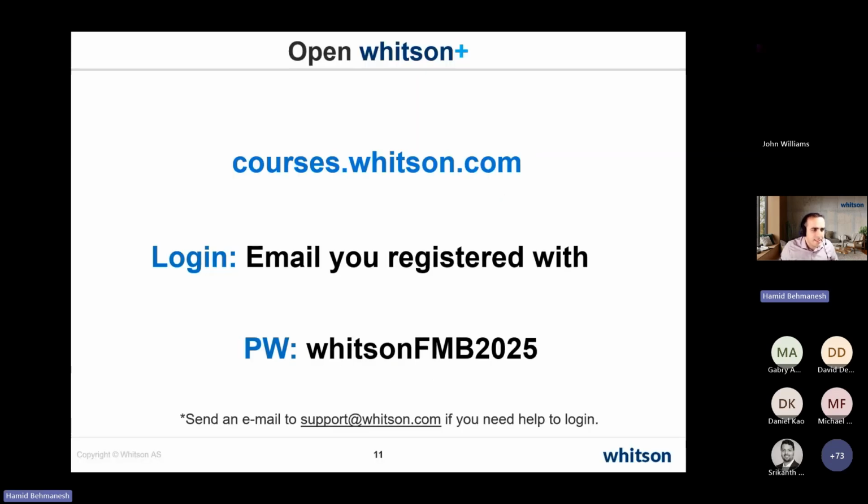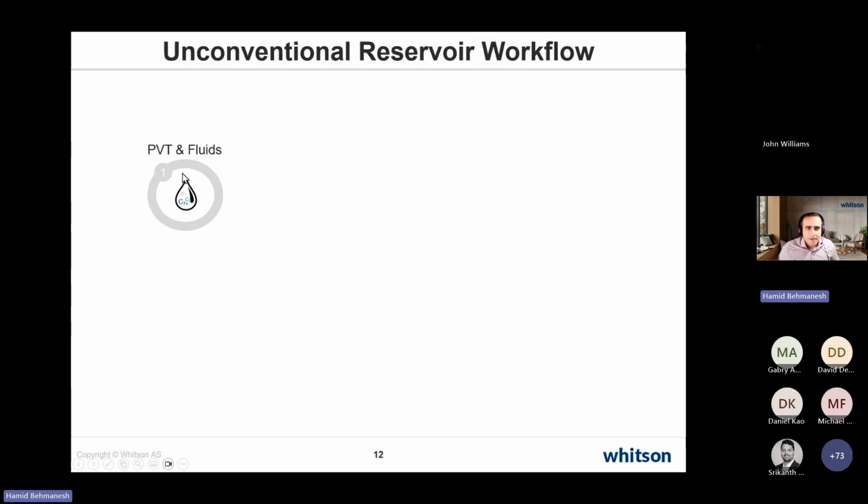Okay, we're gonna go ahead and, so in terms of the workflow, this slide is prepared for the unconventionals with the intent of modeling multi-frac horizontal wells, but some of these modules are not unique to unconventional. So the PVT and fluid characterization is the first step because all of these properties are going to show up in bottom hole pressure calculation and volumetric numerical simulation.